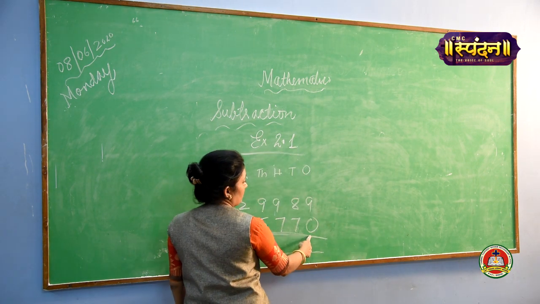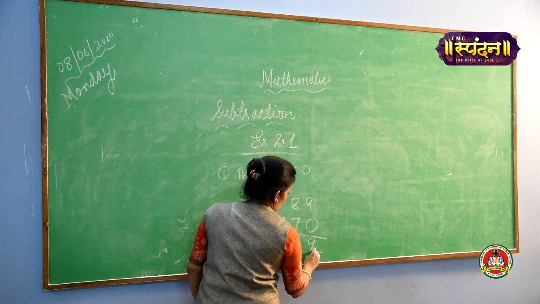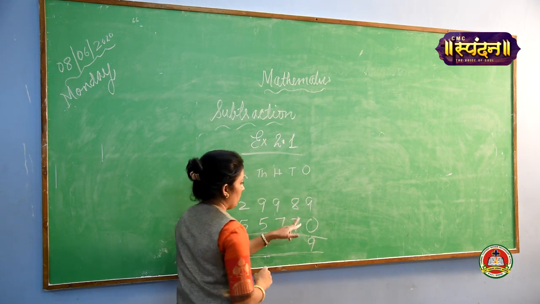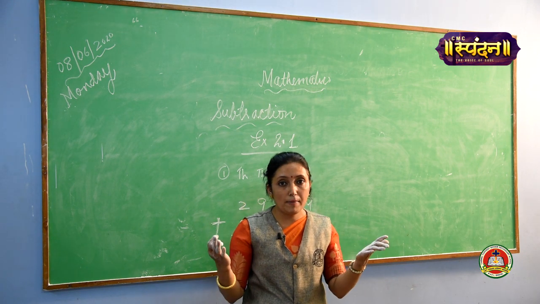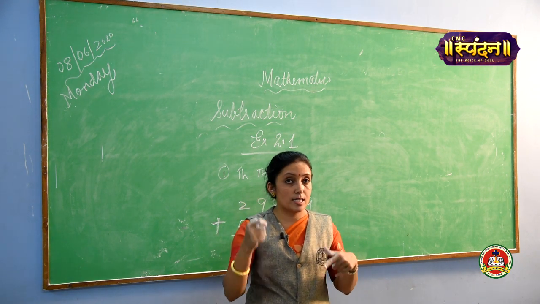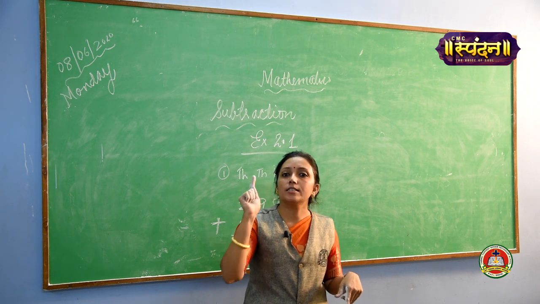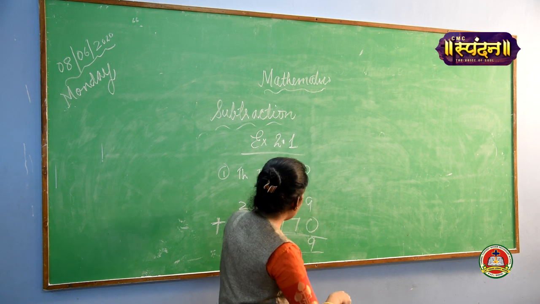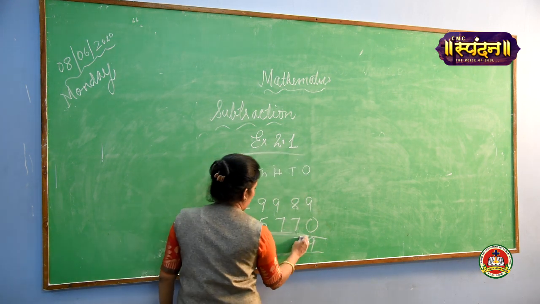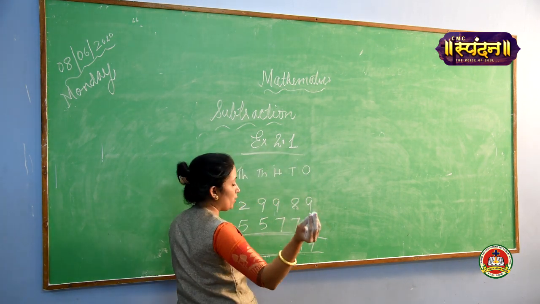So 9 plus 0, yes, 9. Now 8 plus 7. What is 8 plus 7? I keep 8 in my mind, then add on the 7: 8, 9, 10, 11, 12, 13, 14, 15. Is it 15? Yes, it is 15. 5, and where will the carryover go?